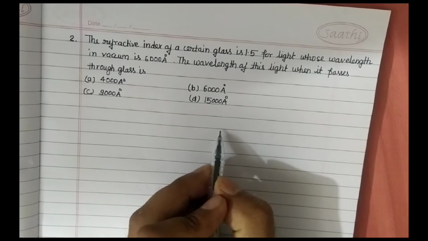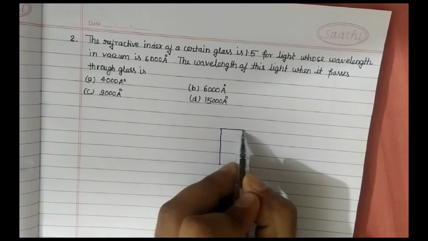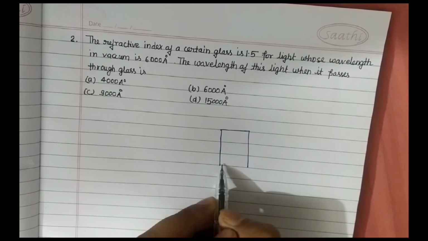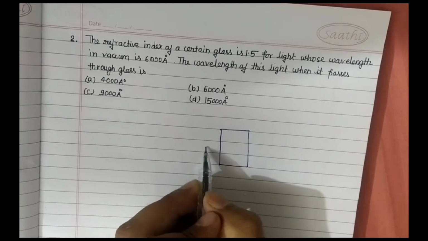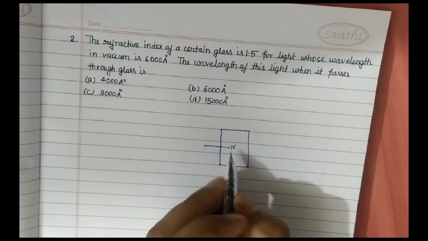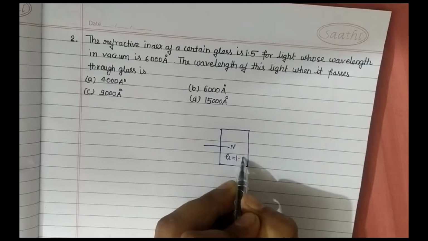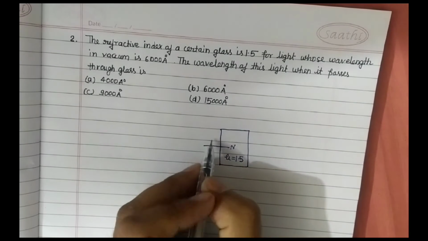So here the problem is saying to us that suppose we have a glass, and on this surface, this is a normal. For this glass, refractive index is 1.5.